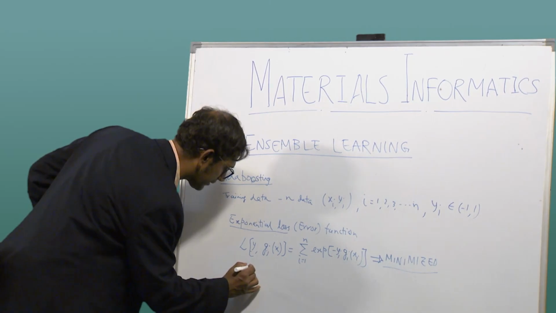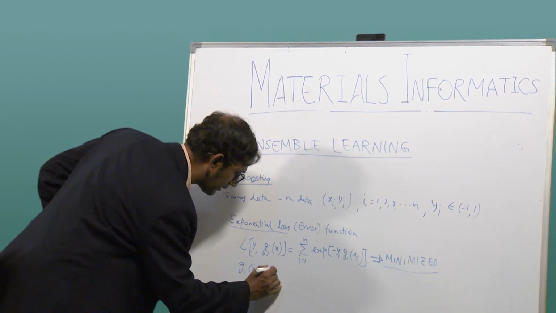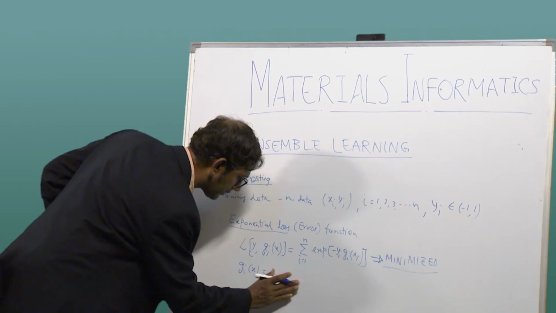Here gi of x, as we mentioned, is basically a learner, the base learner.